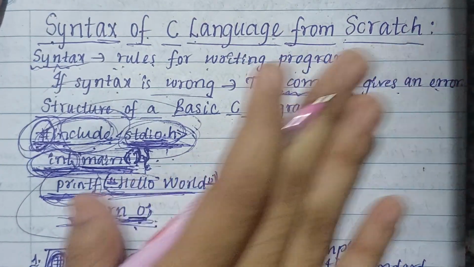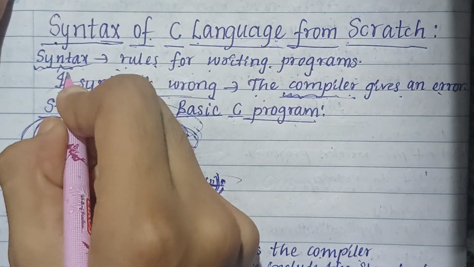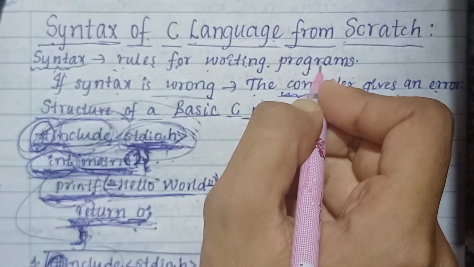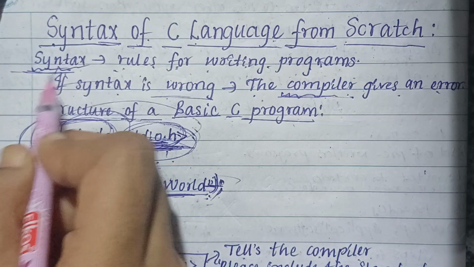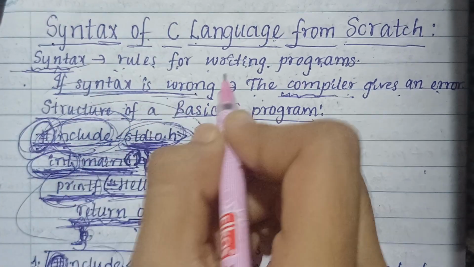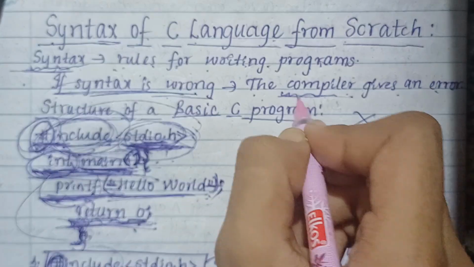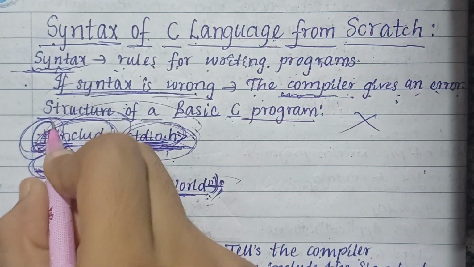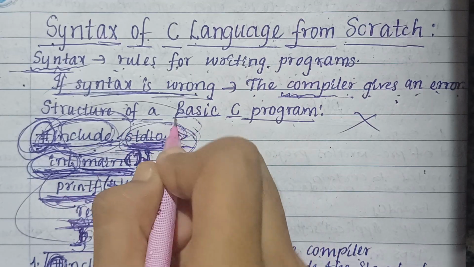So for now, let us focus on this syntax, which is nothing but the rules for writing a program. I think by now you have got clarity about what we mean by syntax. And if your syntax itself is wrong, then your program won't get executed and the compiler will throw you an error.